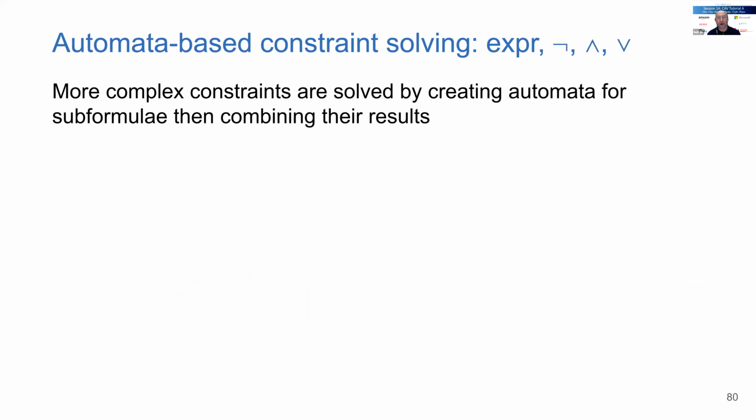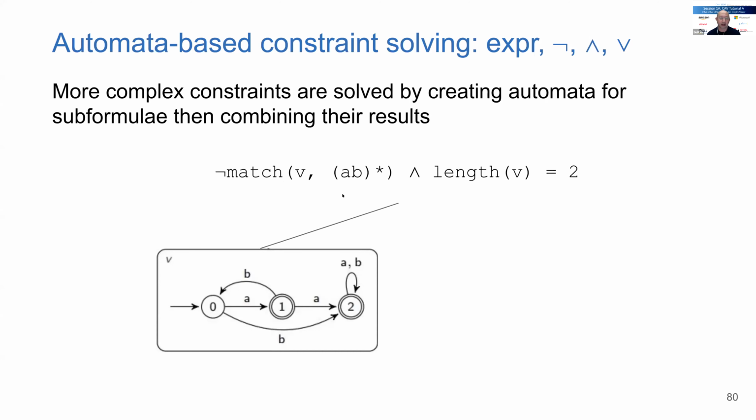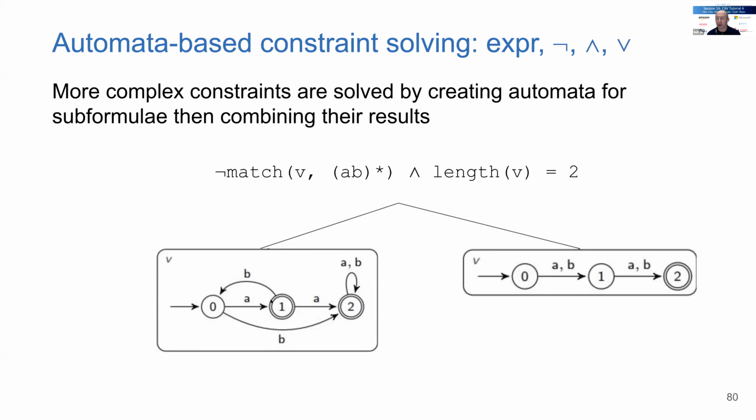More complex constraints can be solved by creating automata for each subformula and then combining their results. For example, I can have this constraint: a string variable that should not match this regular expression, and the length of the variable should be 2. So what are the solutions for that? Well, I can construct the not-match automaton for the regular expression AB star. That's the automaton I had from the previous slide. Length 2 is also easy: all the strings of length 2.